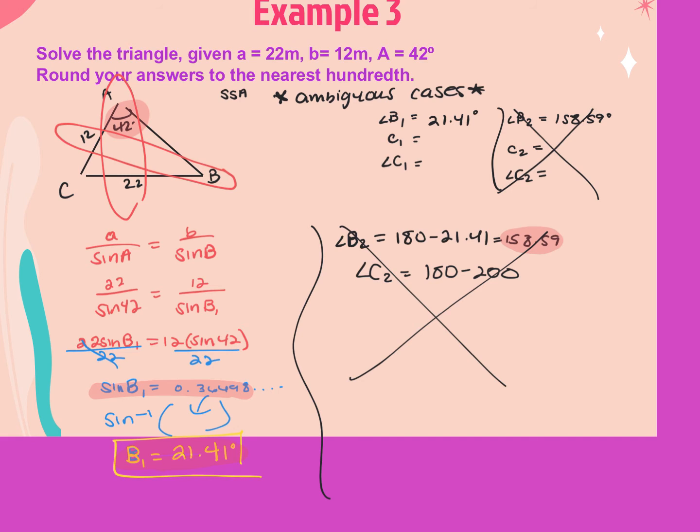Okay. So you're given what you're given. Those don't change, correct. Then you use your ratio. What do you want to say is your ratio? Yep.